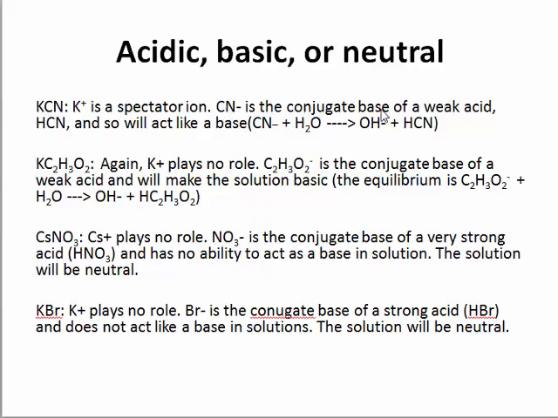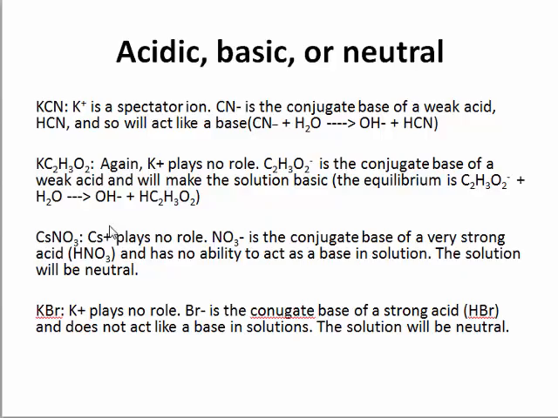Cyanide is the conjugate base of a weak acid, so potassium cyanide solution will be basic. Cyanide and water react to make hydroxide and HCN. Similarly, in an acetate solution, potassium plays no role. Acetate is the conjugate base of a weak acid and will make the solution basic.